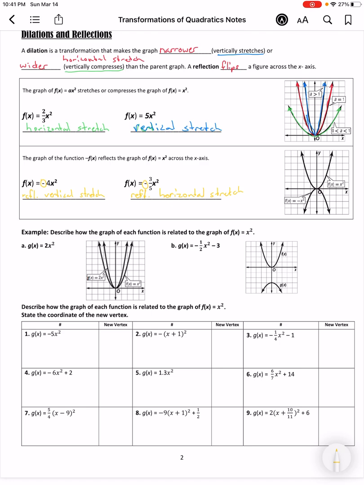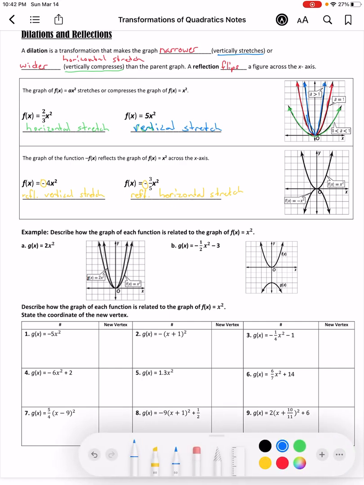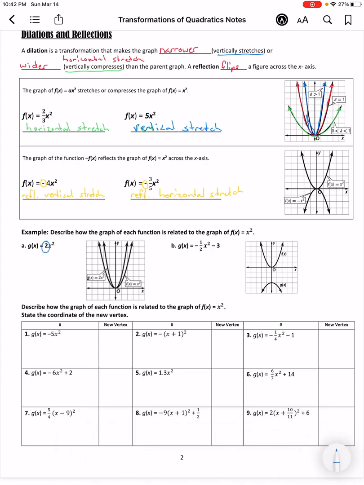Again, looking at this, our original is f of x equals x squared. Our new is f of x equals 2x squared. Because that number right here in the front is greater than 1, we have a vertical stretch.